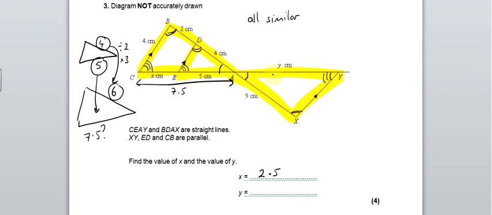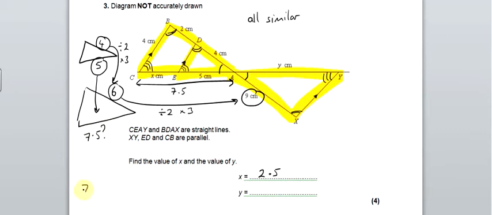Now for the one over here. Well, it's a similar triangle, it's upside down. That doesn't matter, it doesn't stop it being similar. And I can see the 6 is the side that corresponds to the 9. So I need a scale factor here, and that is divide by 2 and times by 3. So to get y, I'm going to do that to the 7.5, the long side on the bottom.